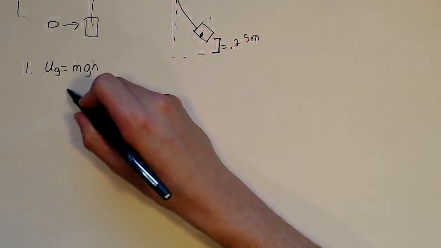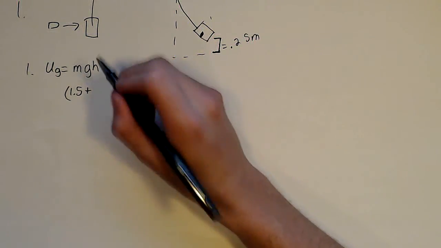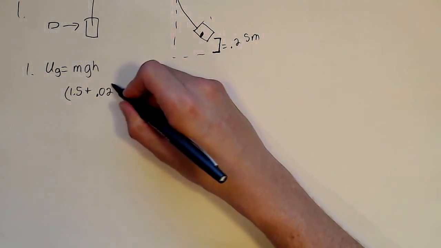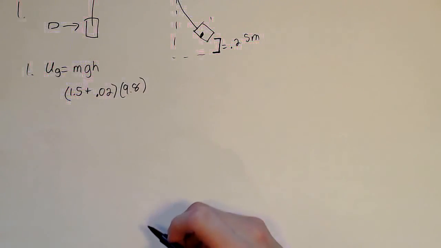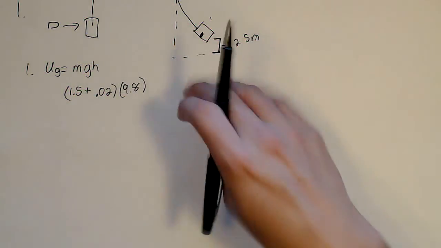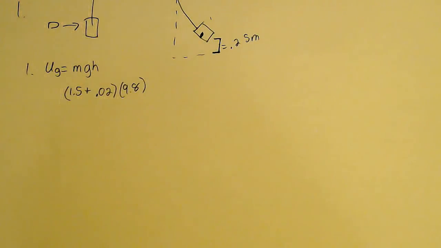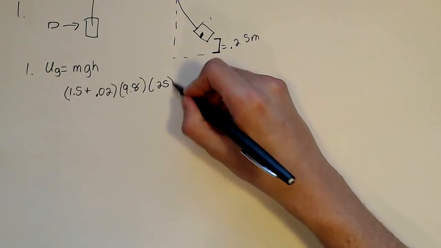So for m, it's going to be the mass of the block, which is 1.5 kilograms, plus the mass of the bullet, which is 20 grams, or 0.02 kilograms, times gravity, which is 9.8, and then times our height, which is the height that this thing swung upwards, which is going to be equal to 0.25 meters, because it's given to you in the problem.